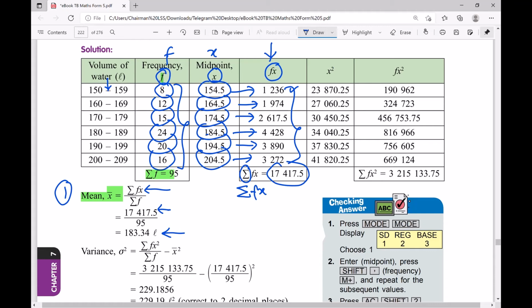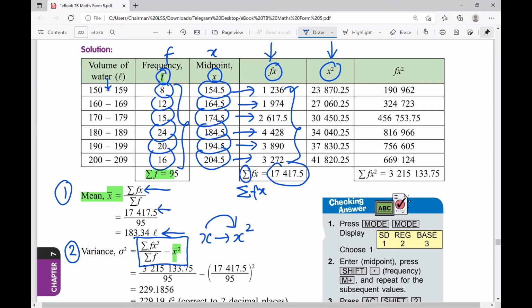After that, then you will find your variance. You use this formula. Yeah, this formula is, you have your x, have to square it. And then this is your mean just now. The mean that you have calculated, you can use it later, you just square it. Because you have to square your x, you have to add another column here with your x square.